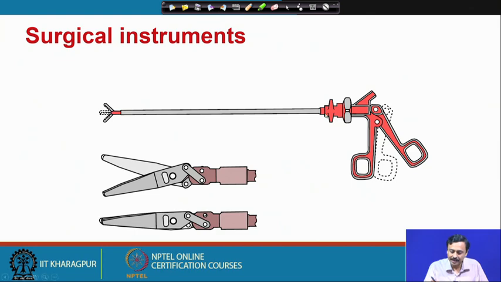Now, you can imagine that within this cylindrical tube there must be some mechanism that is transferring the motion of the surgeon's fingers to the end effector, which might be a clamp or a scissor.